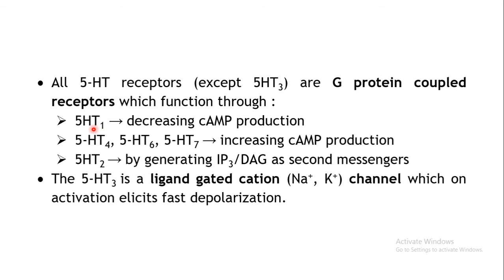Out of that, this 5-HT1 receptor acts by decreasing the cAMP production. Then next, 5-HT4, 5-HT6 and 5-HT7 basically act by increasing the cAMP production. And the 5-HT2 receptor basically acts by generating IP3-DAG as the second messenger. So there are different pathways which are utilized by different types of receptors.